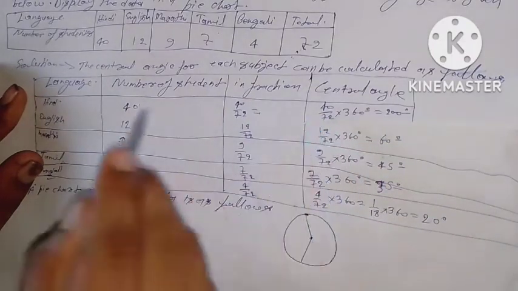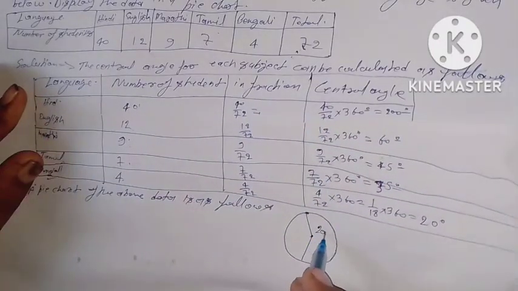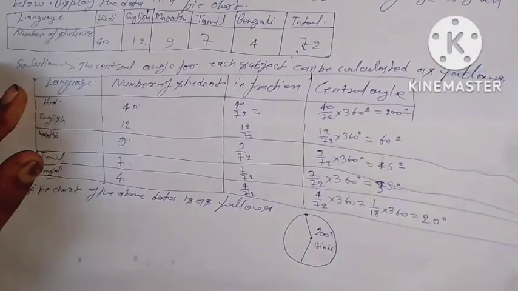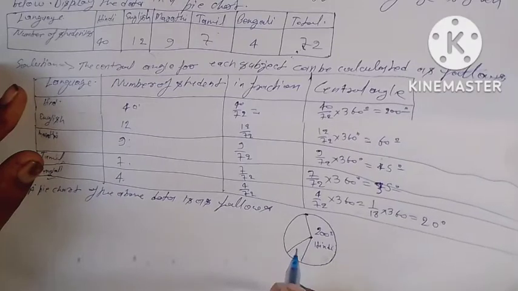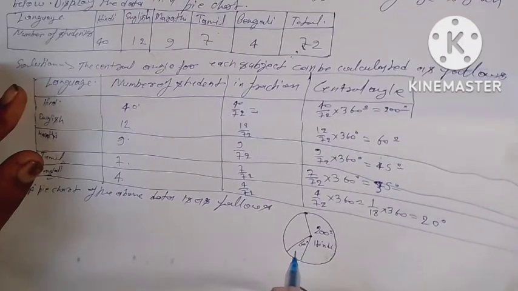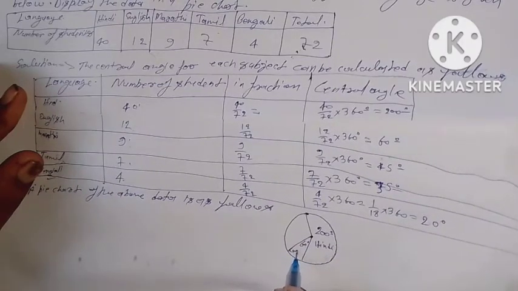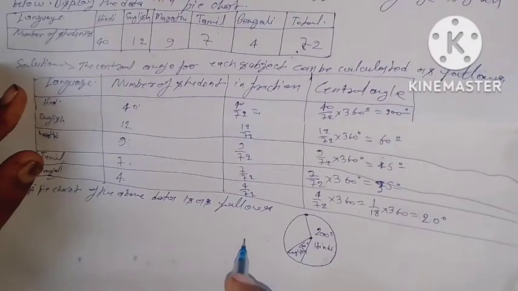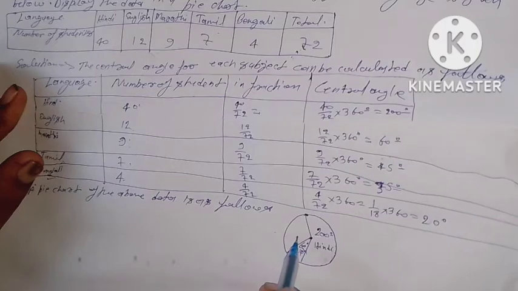Hindi 200 degree, English 60 degree, and Marathi 45 degree.